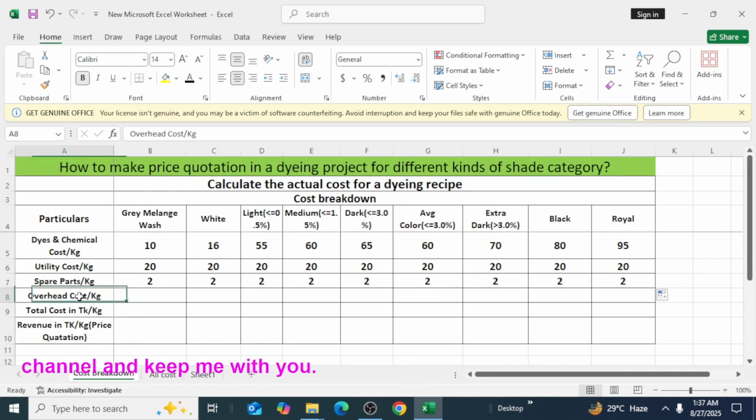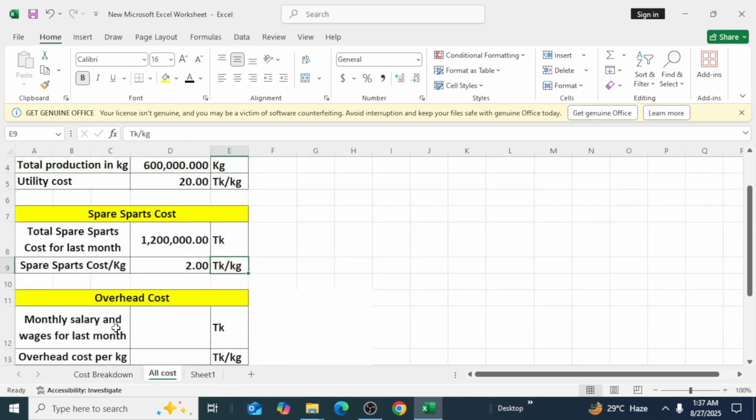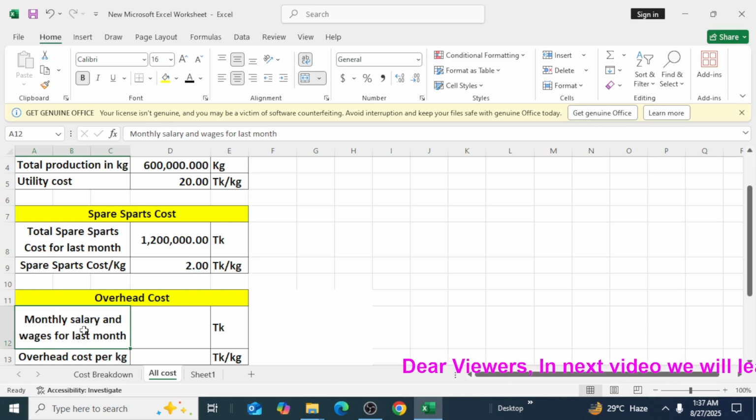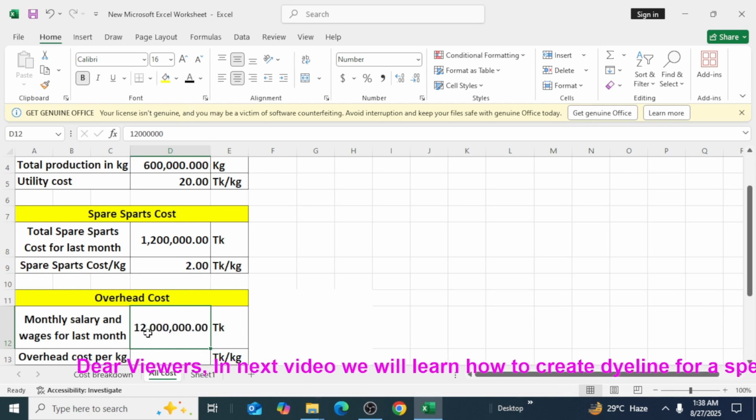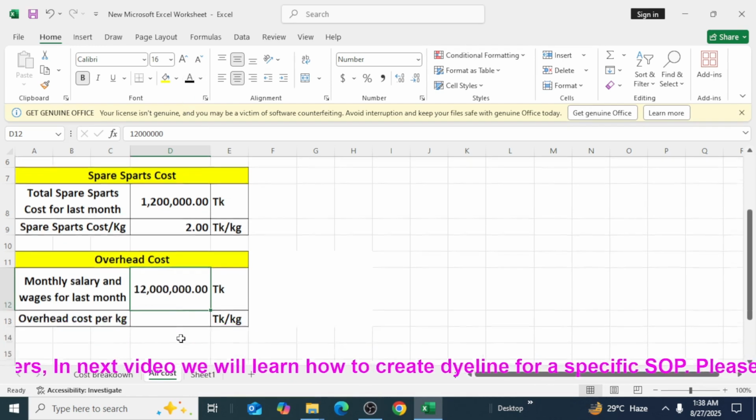Now overhead cost per kg. Let your monthly salary and wages for last month, your last month salary and wages is let 1 crore and 20 lakh taka.